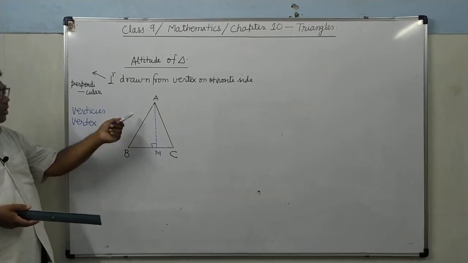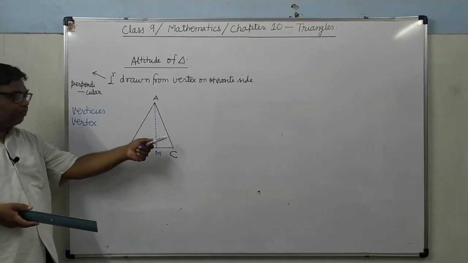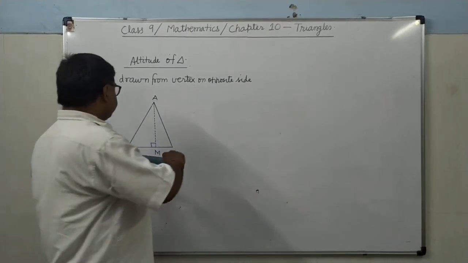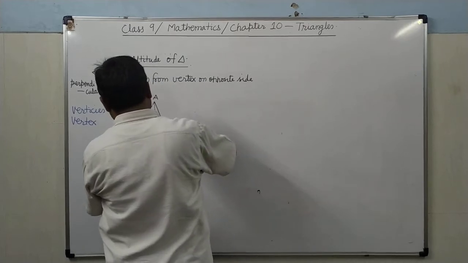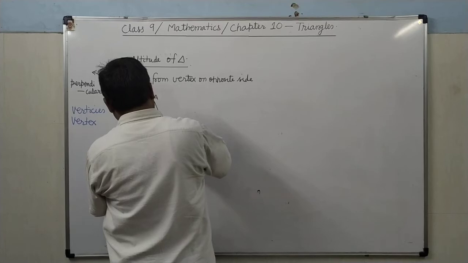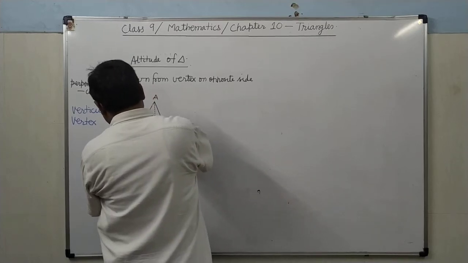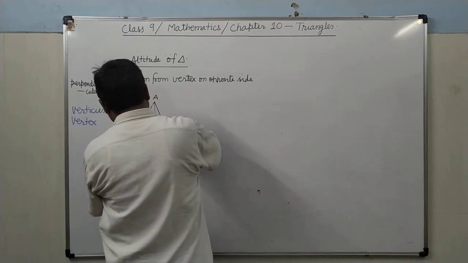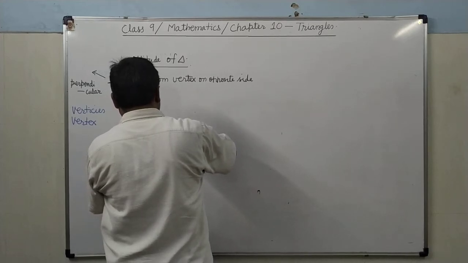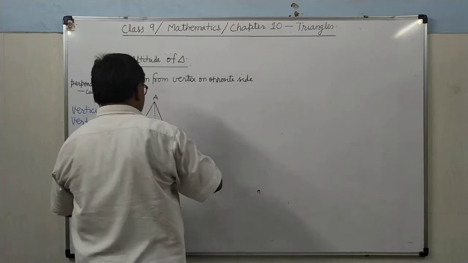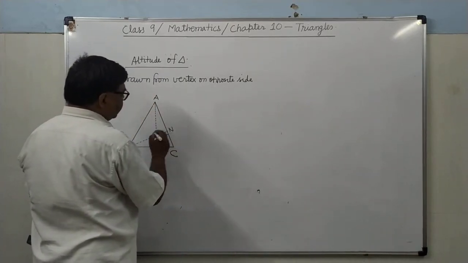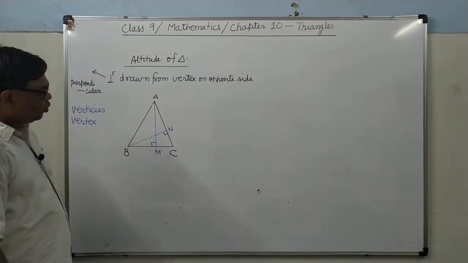There will be two more altitudes, one drawn from B, the other drawn from C. From point B, draw the perpendicular. You can name it BN. So the other altitude is BN.